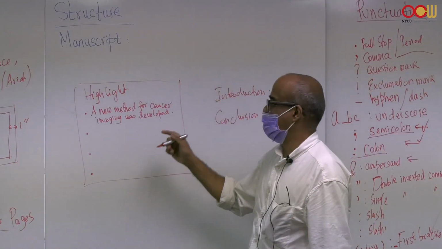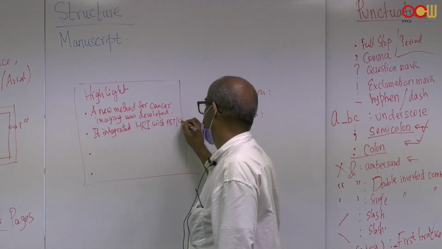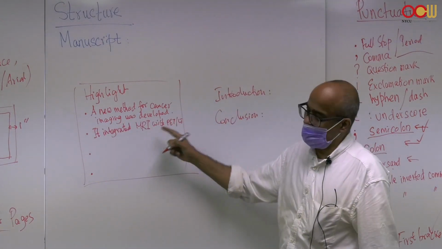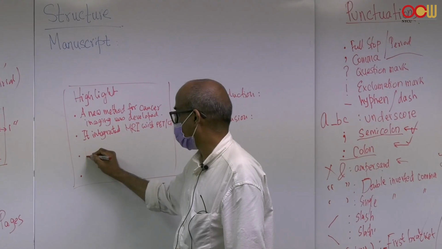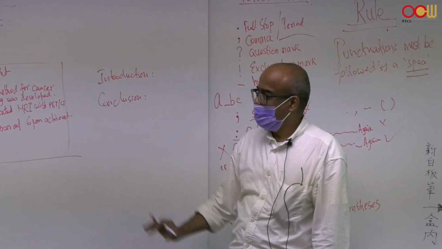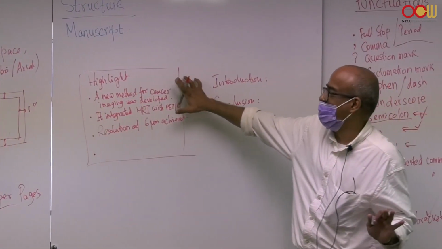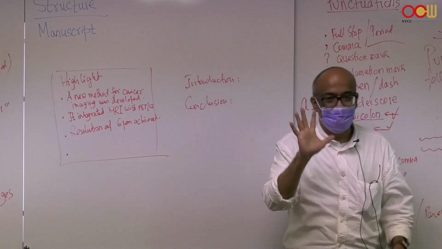The first line can be: a new method for cancer imaging was developed, and it integrated MRI with PET-CT. Second line: resolution of 6 micron achieved. Something like this that describes your work. Just 3 or 4 sentences. That's a highlight file.